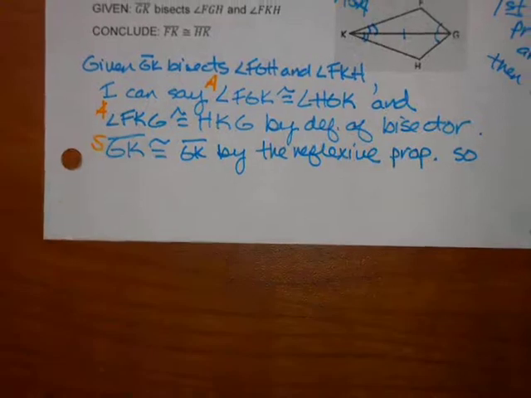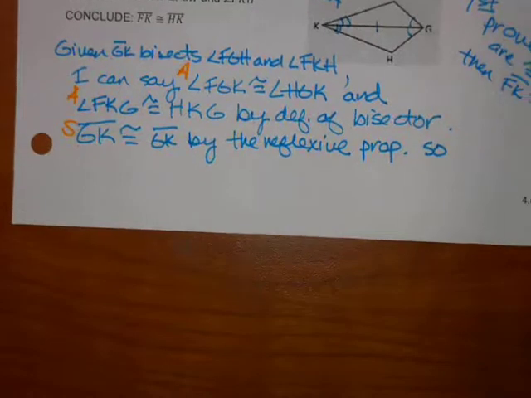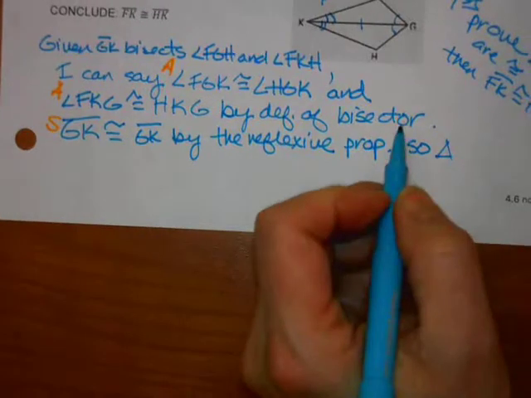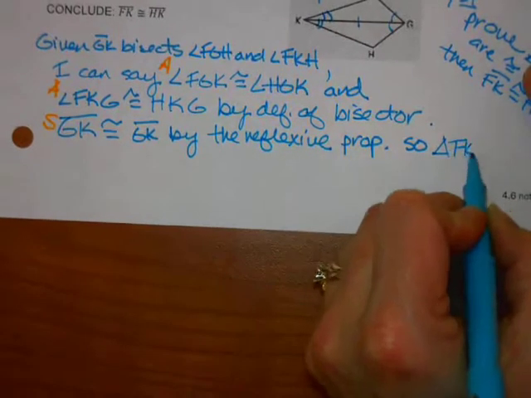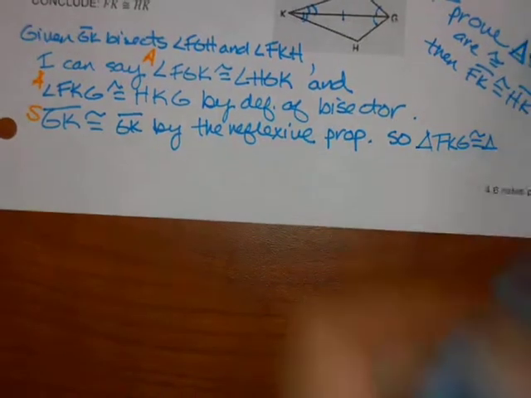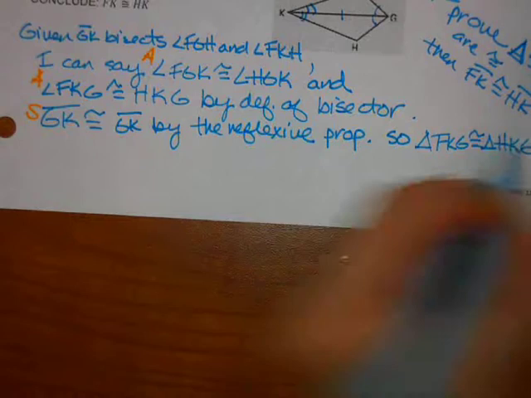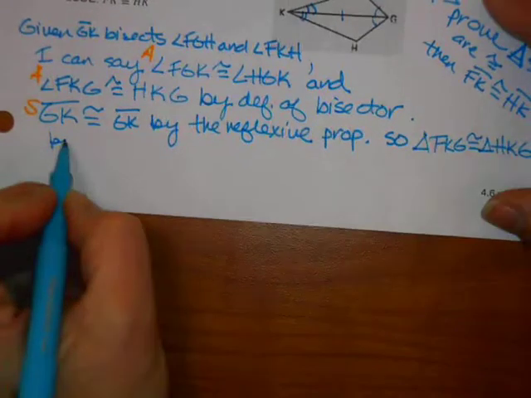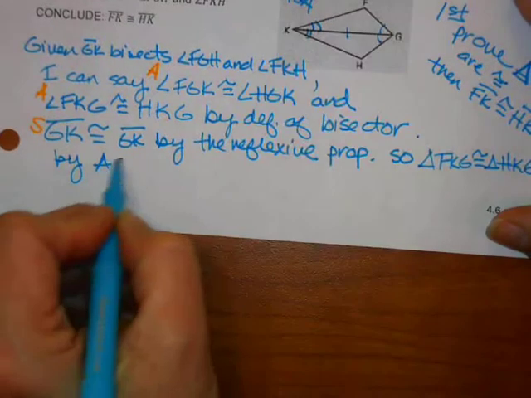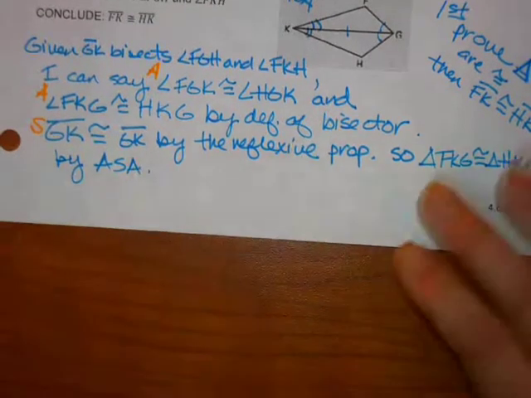Now I can say triangle FKG is congruent to triangle HKG by, what did we say? ASA. So now I'm almost done.